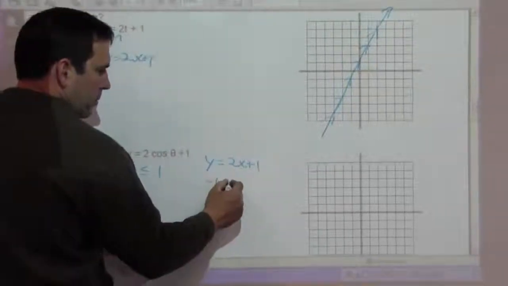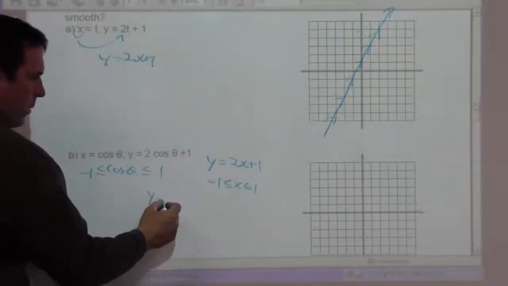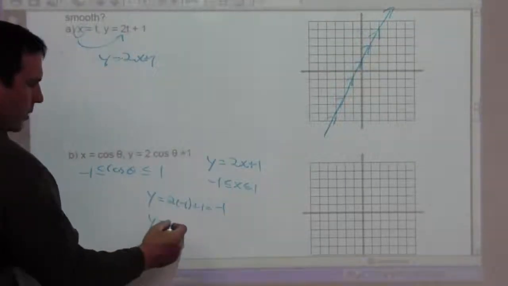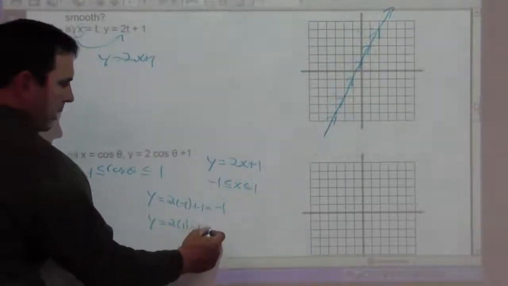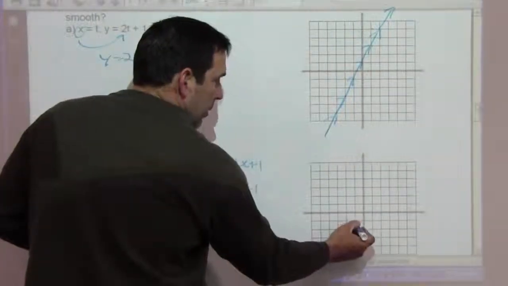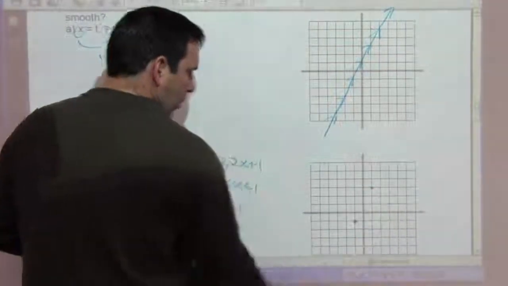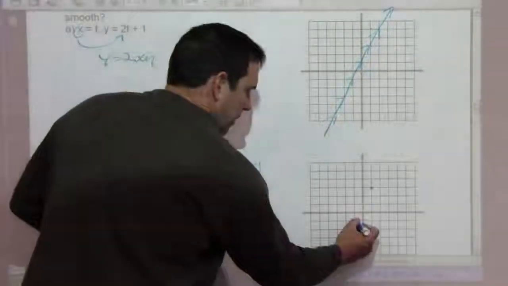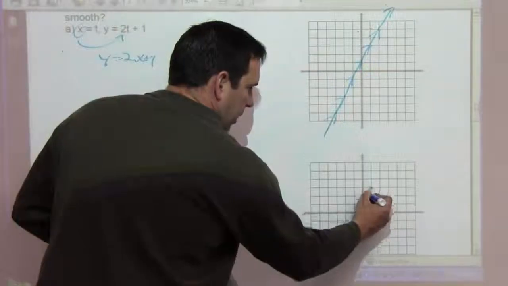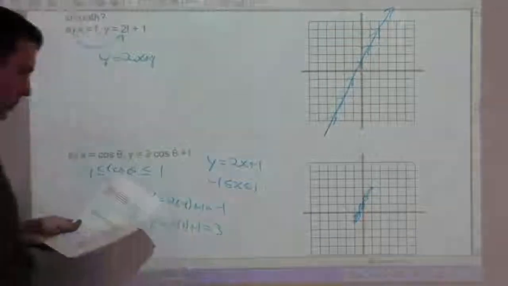So y equals 2 times negative 1 plus 1, that's going to be negative 1. y equals 2 times 1 plus 1, that's going to be 3. So we go negative 1, negative 1, and then 1, 3. So it's going to go just between those values. And it's going to go up that way, come back down, go back up, come back down, it's just going to oscillate there.